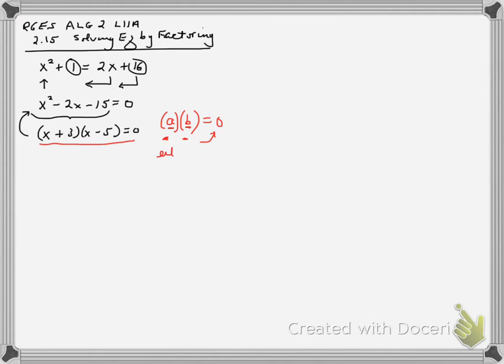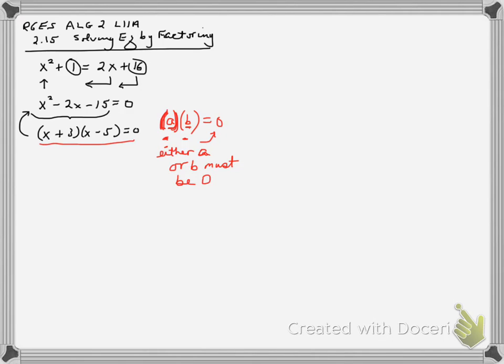So either the first term being multiplied, either A or B, must be 0. Or both, but just one of them has to be 0.